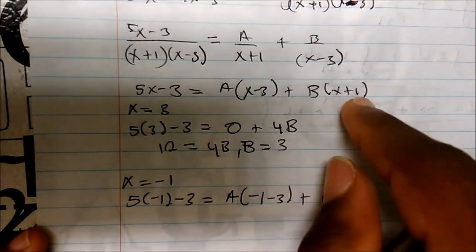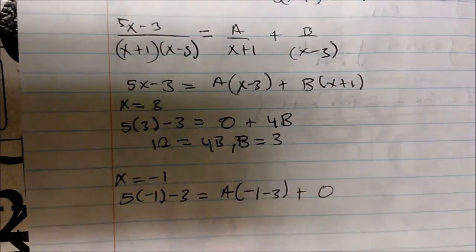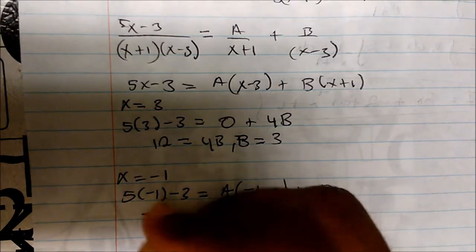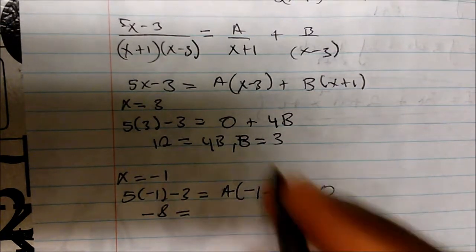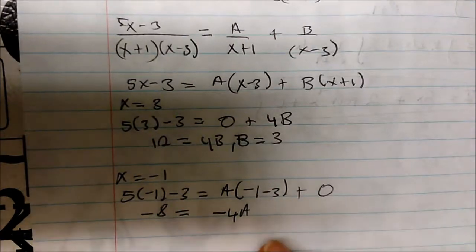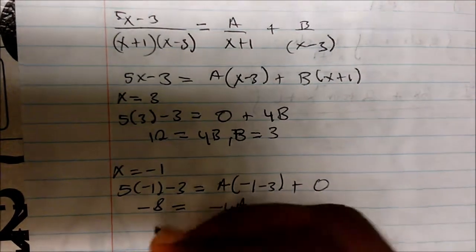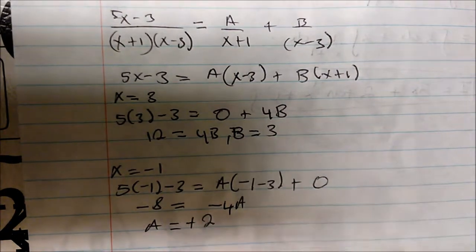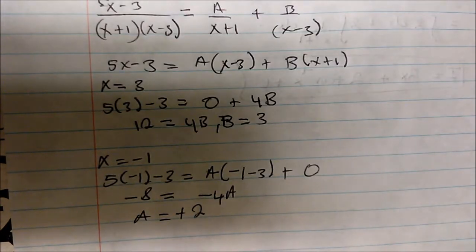Okay, negative 1 plus 1 is 0, and if we multiply 0 by b, b goes away. And so 5 times -1 is -5 minus 3. That happens to be -8. And that is equal to -4a. -1 minus 3 is -4. Essentially, if I divide by -4 on both sides, we get a to be +2. Okay, so we know what a is. We know what b is.